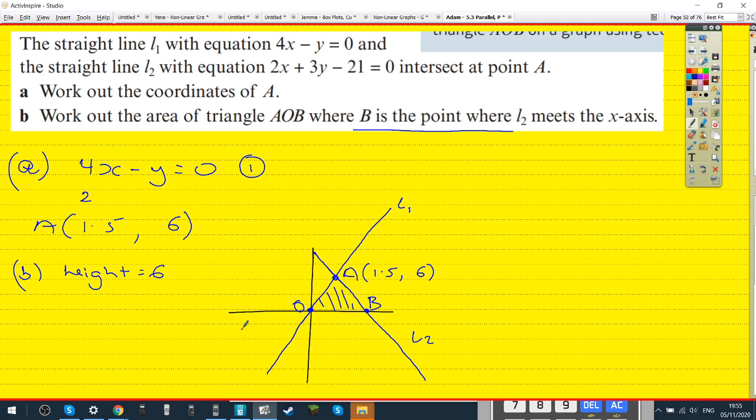What do you know about where it crosses the x-axis? The coordinates at a point where a line crosses the x-axis, the y coordinate's always 0. Correct.